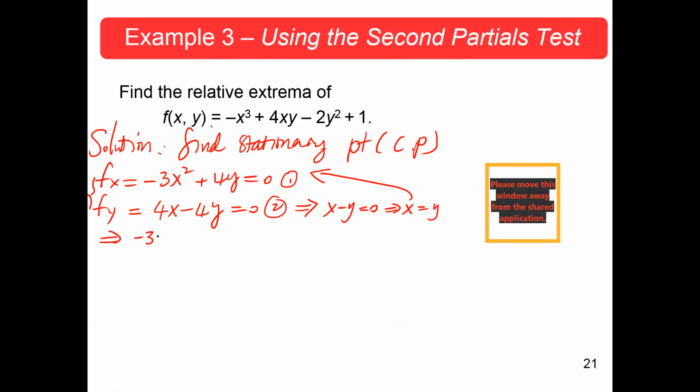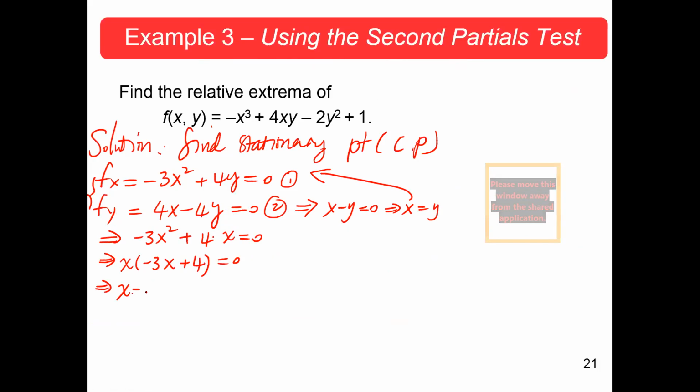So we would have negative 3x squared plus 4 times x equals 0. We can factor out x, and you would have x times negative 3x plus 4 equals 0. So that means x equals 0 or x equals 4/3.